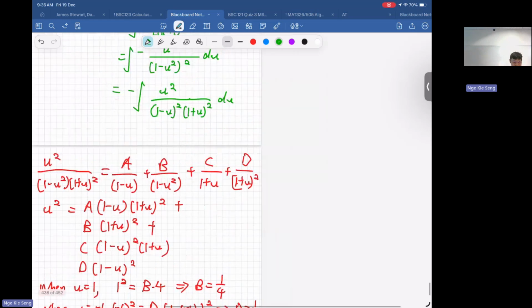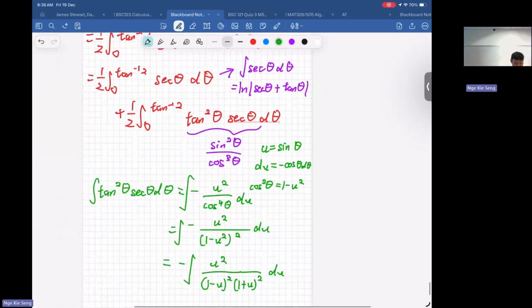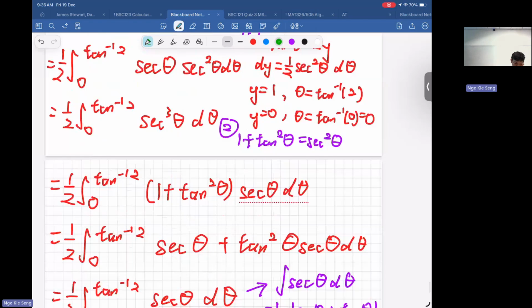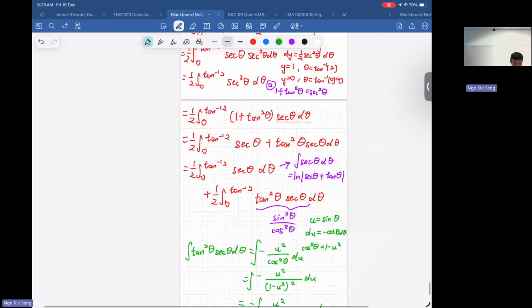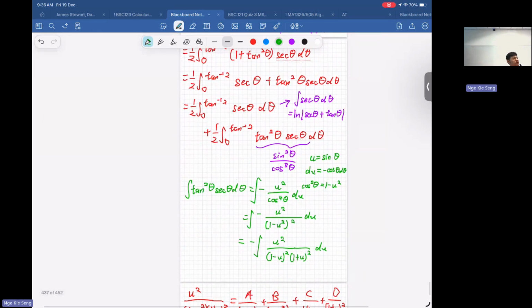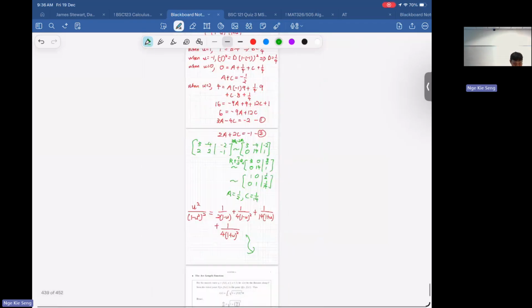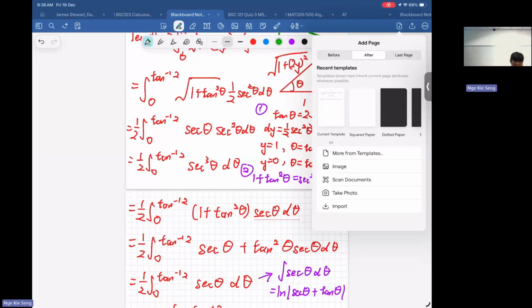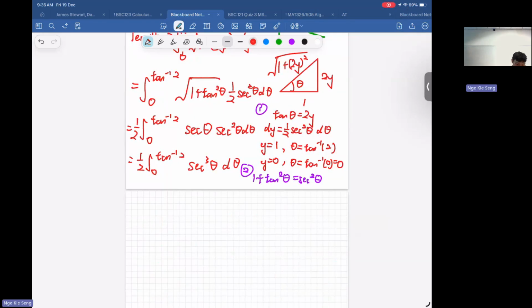So let's try Jingjie's method. Let's come back here again. Come back to the secant square theta again. Someone can try and compute this, see whether you got the same solution or not. Okay, you can continue this, but let's try Jingjie's method. So let's try method 2.